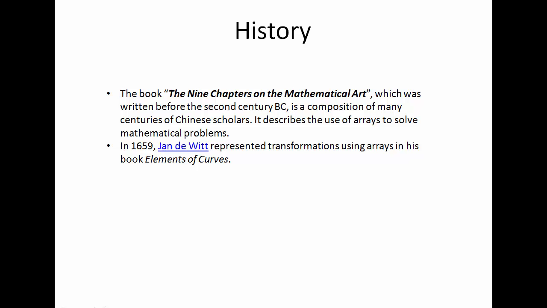So this has been around a lot longer than computers or computer graphics. Matrices are really a mathematical thing that goes back centuries into ancient Chinese writings, and it didn't start with computers.